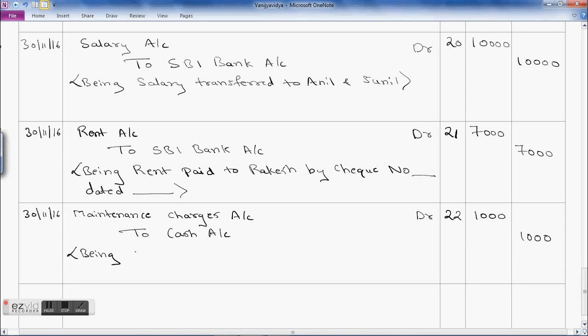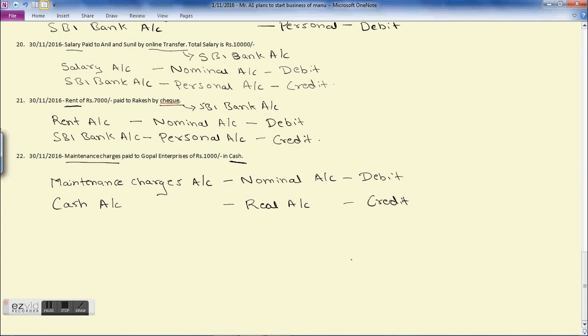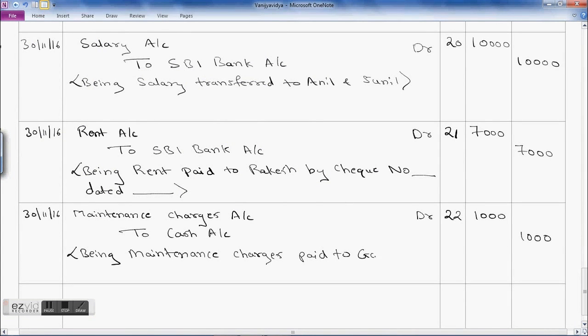So being maintenance charges paid to whom did we pay? Let's look at the transaction. Gopal Enterprises, by cash. So these are the journal entries.